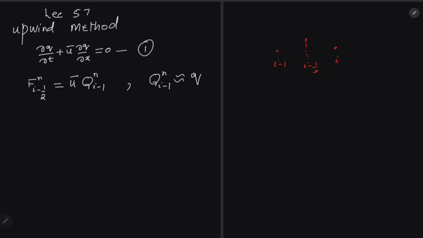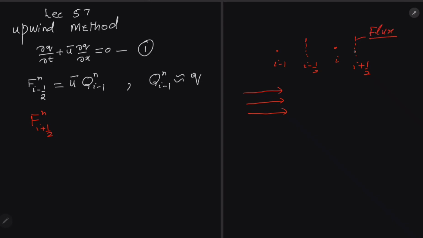Similarly, if you talk about the flux on the right hand side, I plus 1 half, since the information is from left to right, whether it is a velocity, a pressure, or a density, whatever that quantity is, on I plus 1 half you calculate the flux over here.